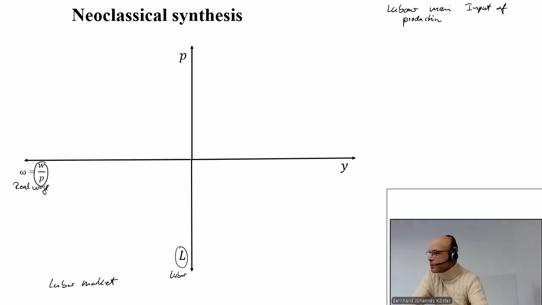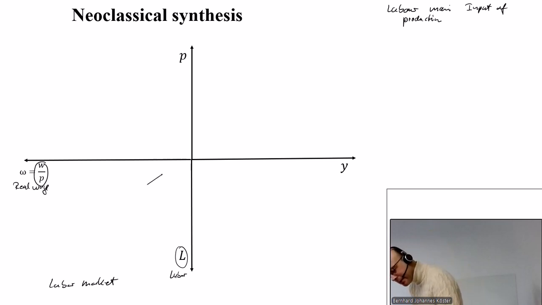Now within this quadrant, we want to draw labor supply and labor demand. What was labor supply? Labor supply was this increasing curve: the higher the wage rate, the higher the labor supply. Going to the left in the wage rate means we have to go down with the amount of labor.